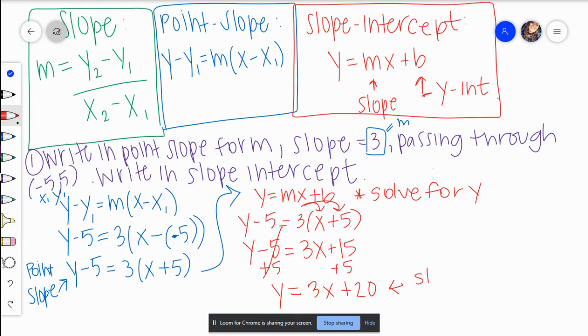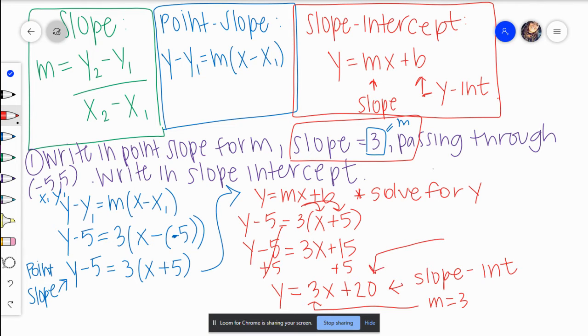This is slope intercept form. And if you notice, my slope, my m equals 3, which is good because it told me my m was 3. And then if you were to be asked what your y-intercept was in this problem, my y-intercept would be 20.